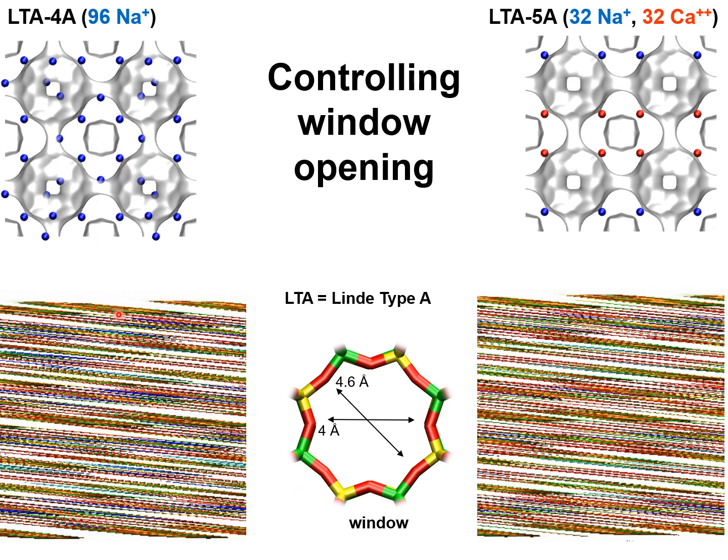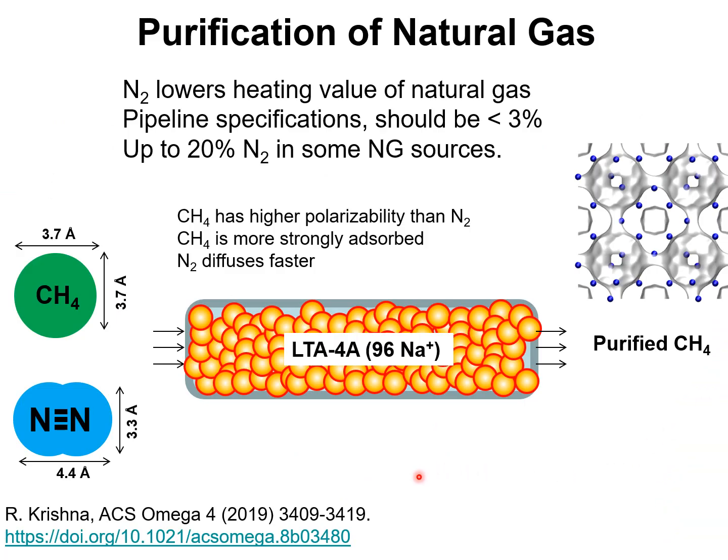Therefore, whether we use 4A or 5A zeolite, the diffusivities would be significantly lower in 4A than in 5A. This strategy can be exploited to achieve industrially important separations, and this is an example of purification of natural gas.